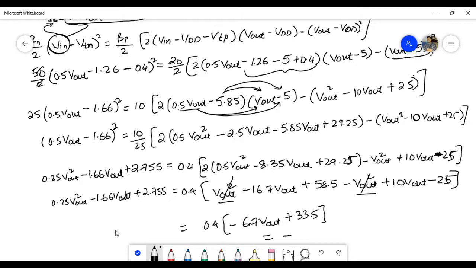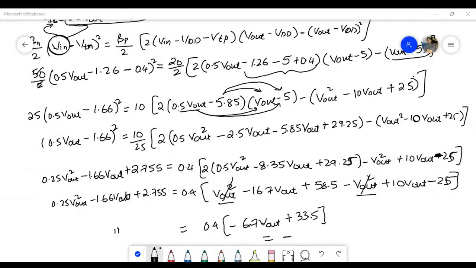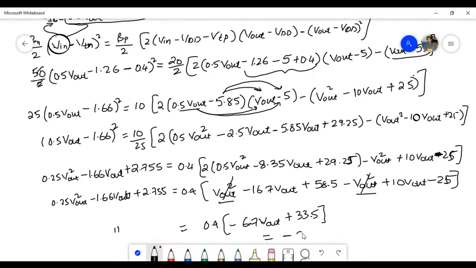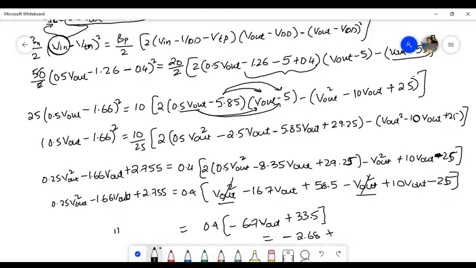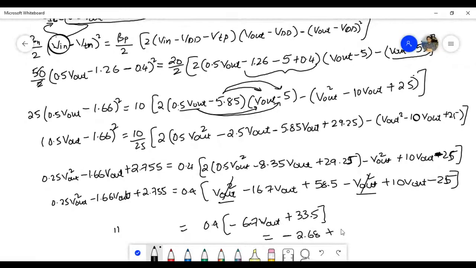This term will be same, okay? No change here. So it will be minus 2.68 V out plus 33.5 into 0.4, 13.4. Okay, just take the picture of this. We'll proceed. Next page.